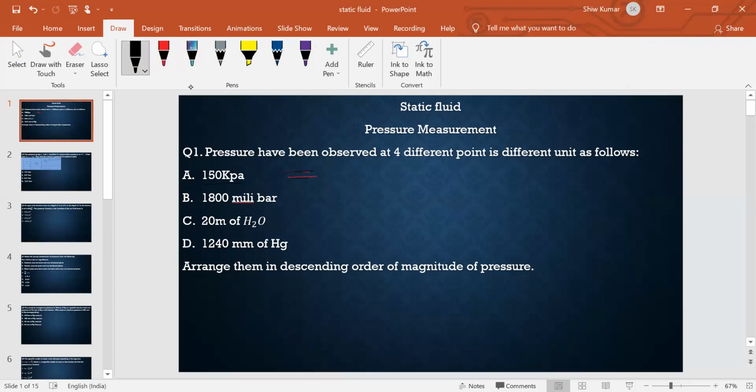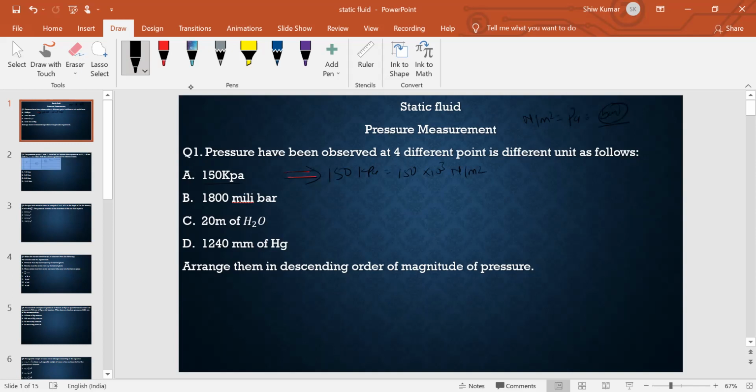It is given here as 150 kilopascal. It means 150 into 10 raised to 3 Newton per meter square, because pressure is indicated in Newton per meter square, or Pascal, or it is given as a bar also as a unit.